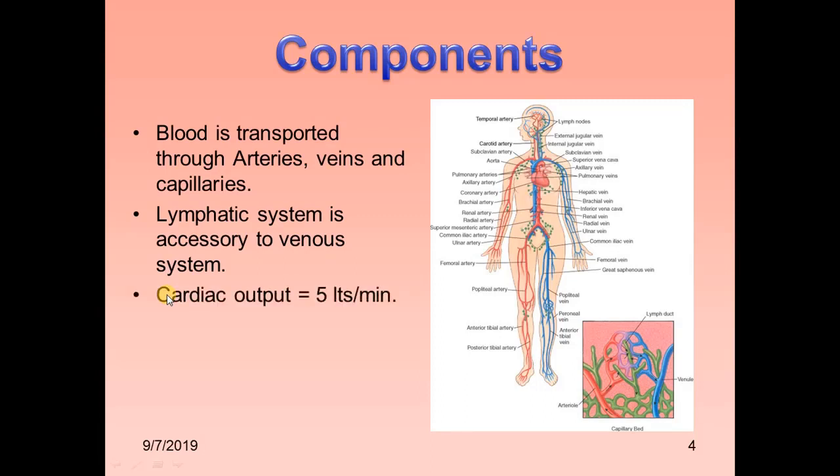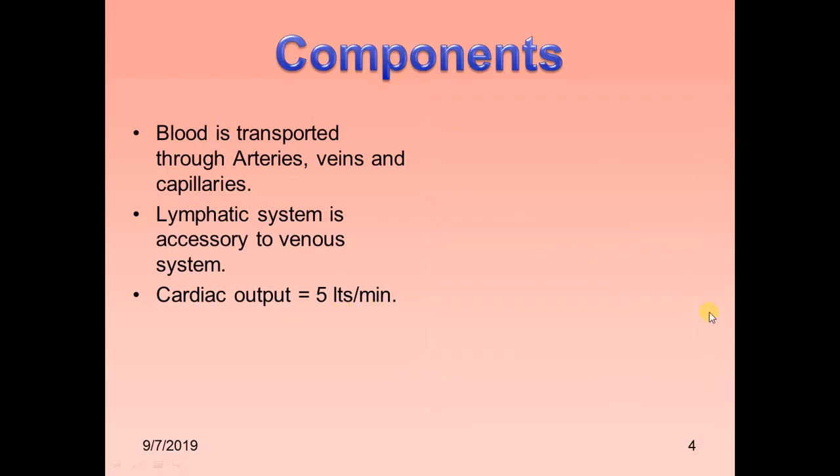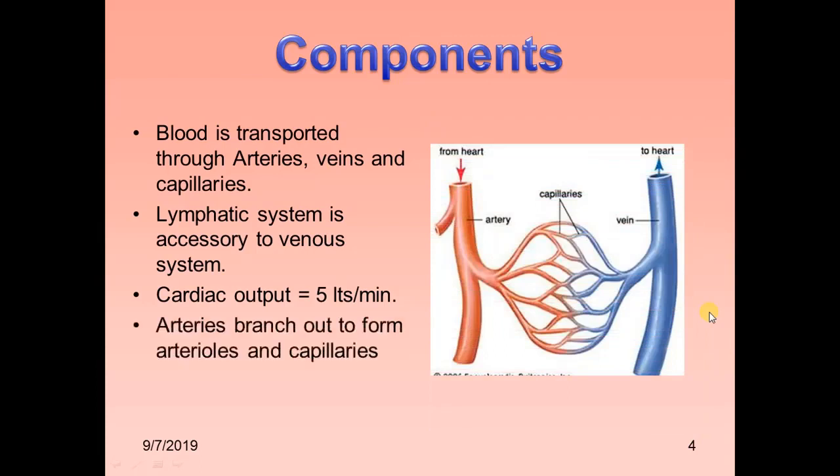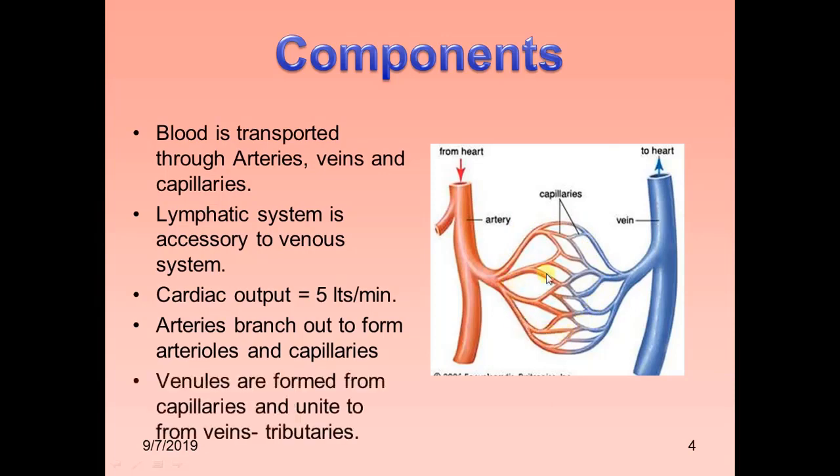All the blood circulating through the body at any given time is about 5 liters per minute, which is the cardiac output. Here you can see the arteries. Arteries branch out to form arterioles, and the arterioles form capillaries. Capillaries are the connection between the arterial system and the venous system, and in the capillaries the exchange of nutrients takes place.